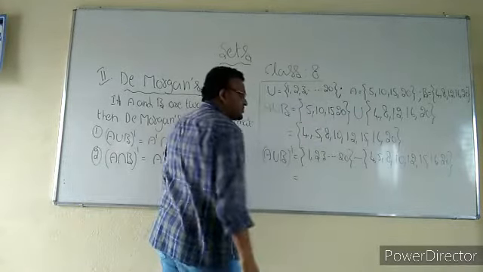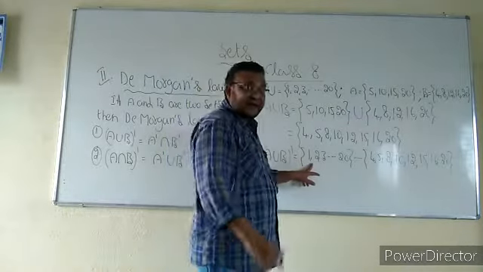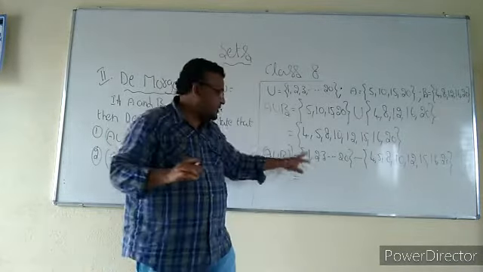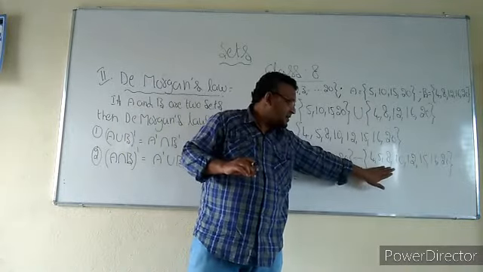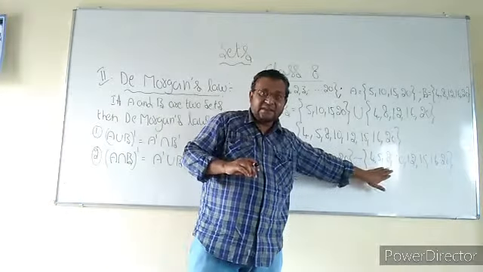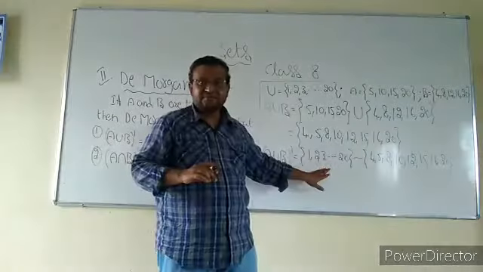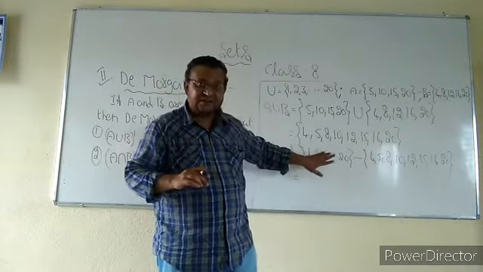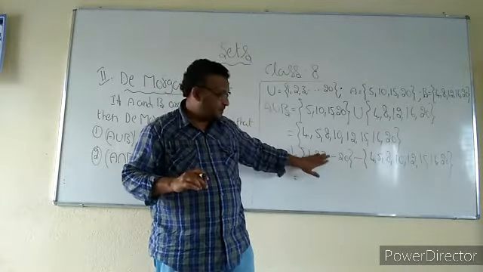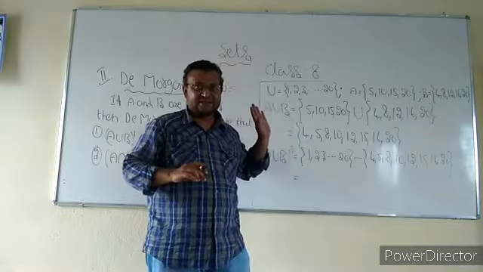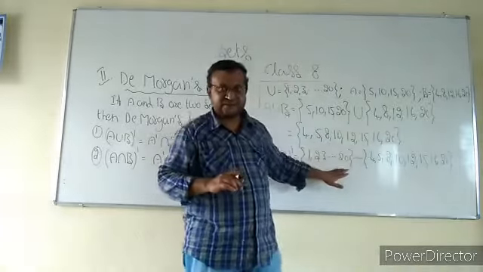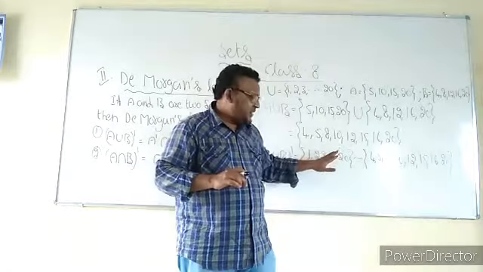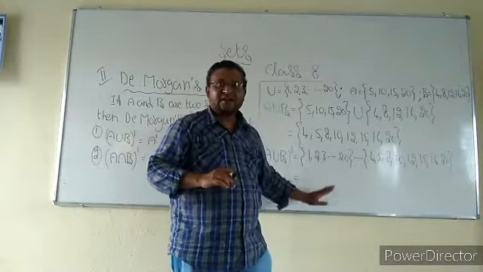Minus means, as I told, we have to subtract the second set elements from the first set. Whatever remains in the first set we have to write as it is.